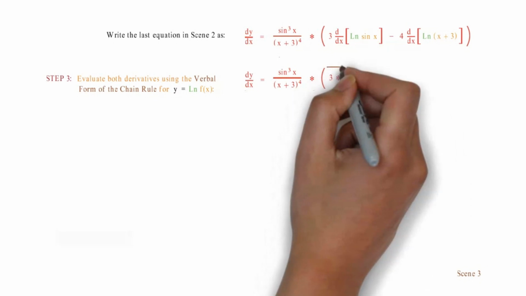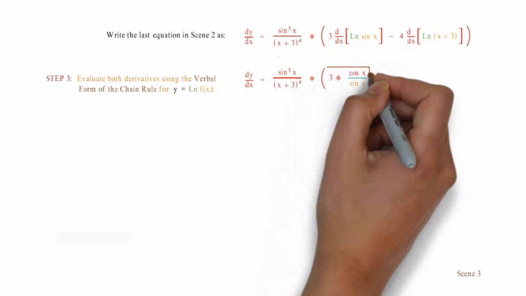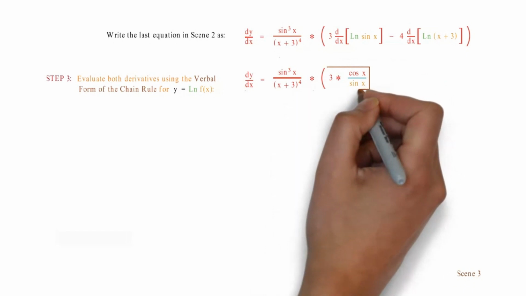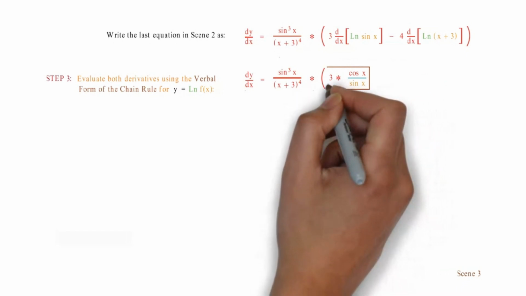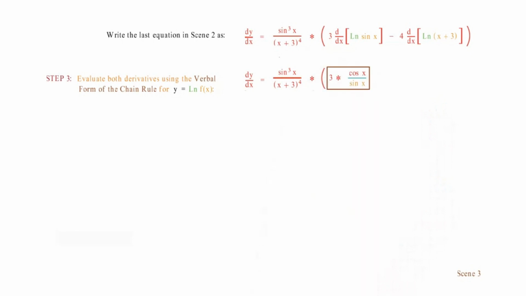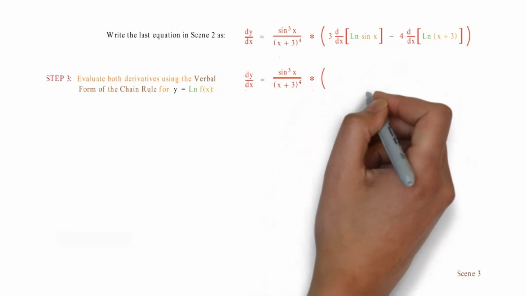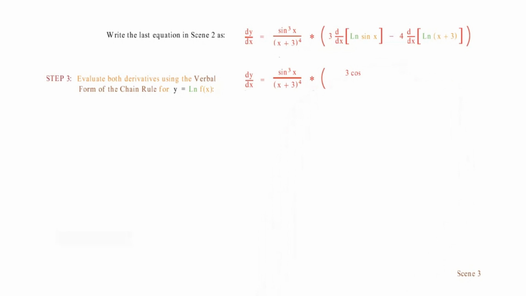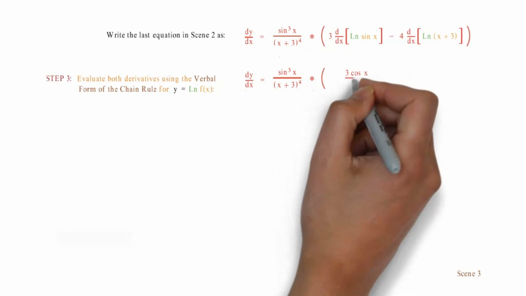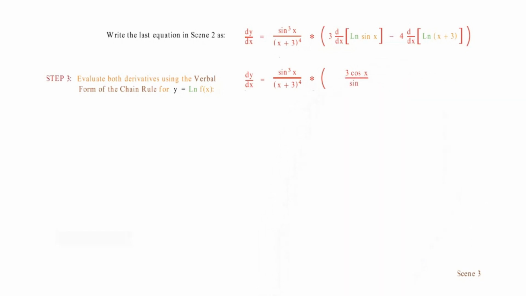So 3 times cos of x divided by sine of x is equal to 3 cos of x divided by sine of x.